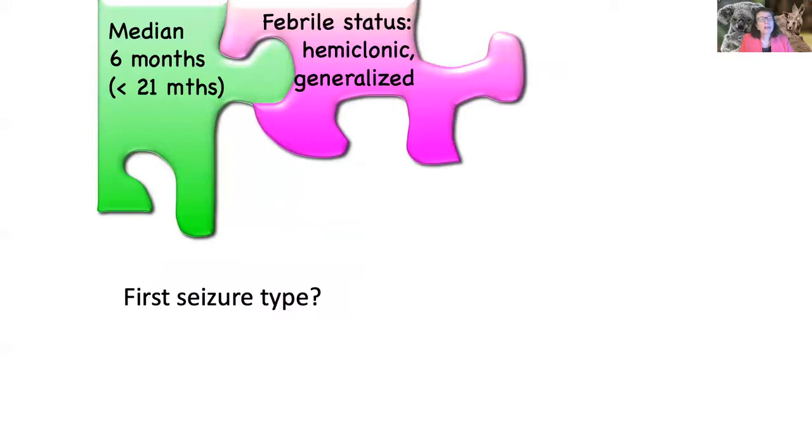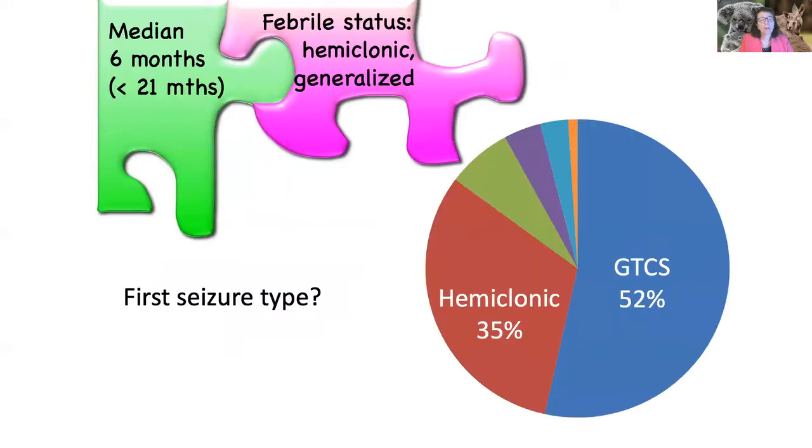So then let's think about the first seizure type. Again, we only found that a third presented with a hemiclonic seizure and more than half present with a tonic-clonic seizure, which may be generalized or a focal to bilateral tonic-clonic seizure. I think it's impossible to tease those apart.